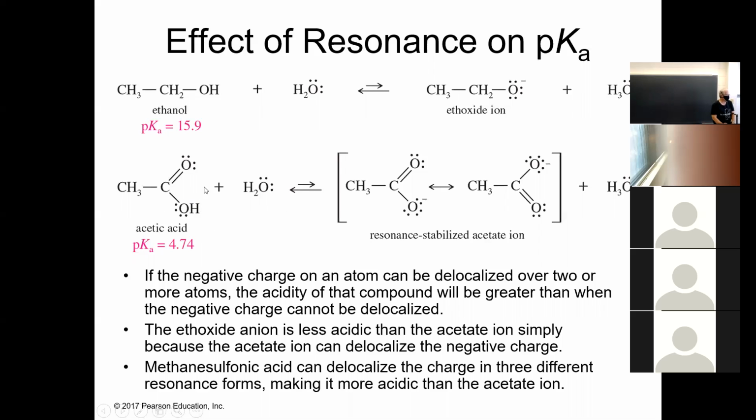And that's because once this proton is lost, the negative charge can be delocalized over both of these oxygen atoms. In the case of ethanol, we lose a proton. That negative charge is just fixed on that oxygen. We can't spread it out. It's there on that oxygen, and that's where it stays.